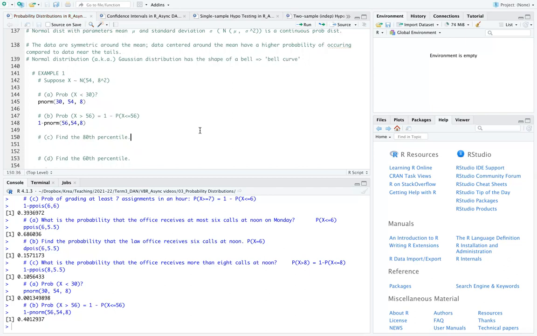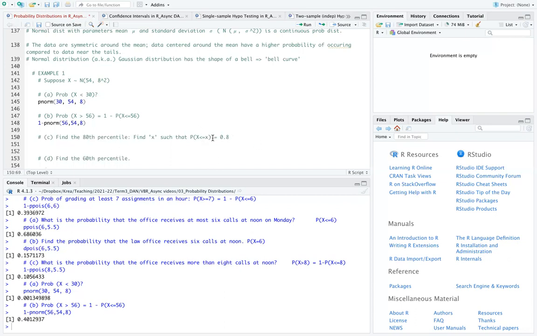Find the 80th percentile. That is, we want to find the value X such that the area of the curve below that particular point is equal to 80% of the data set, or 0.8. In other words, we want to find X such that the probability that the random variable is less than or equal to this number is 0.8.